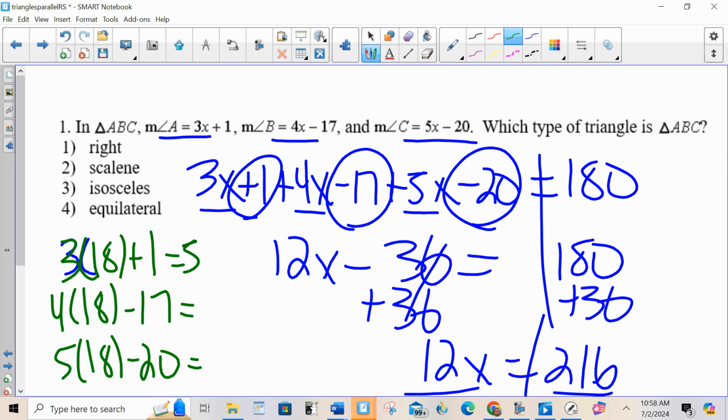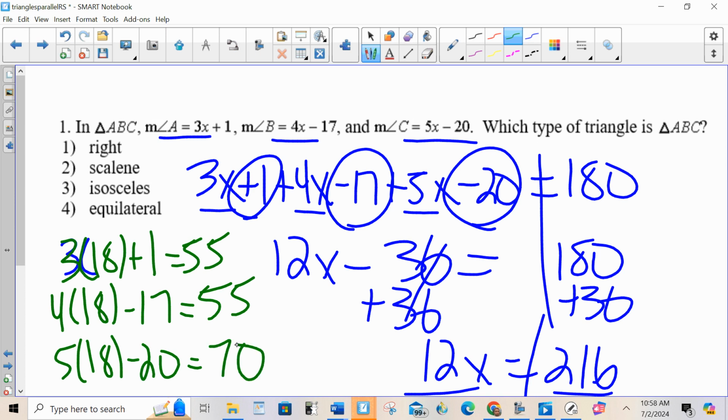That's going to be 55. That's going to be, let's see, 4 times 18 minus 17 is also 55. 5 times 18 minus 20 is 70.